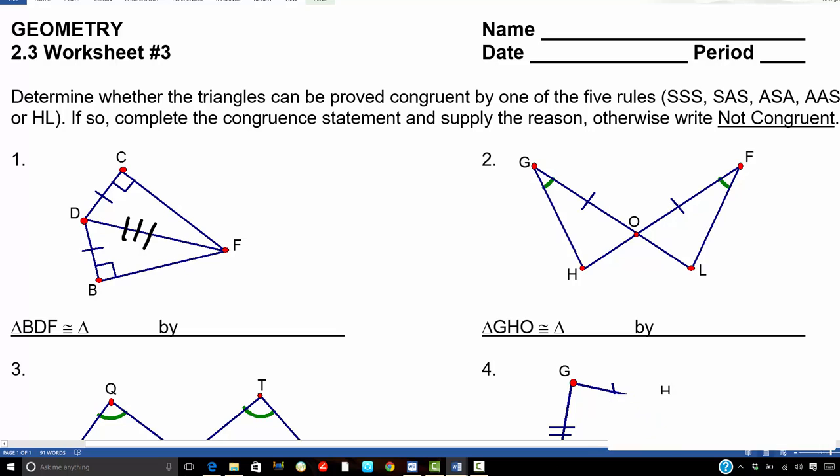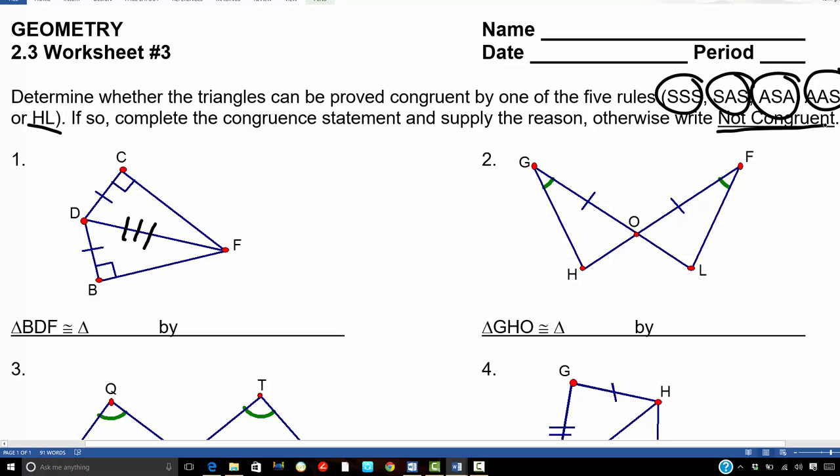So then look through your 5 different possibilities of answers and decipher which one of those it is, or of course not congruent is an option. I really like the answer not enough information, but either of those could work there. But these triangles are congruent. They're right triangles, and we have the longest side, segment DF, is the longest side of both of those right triangles.